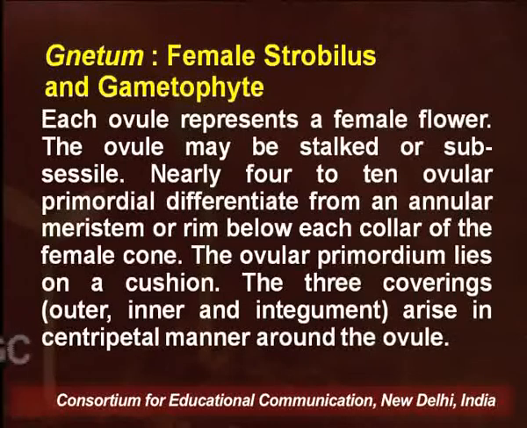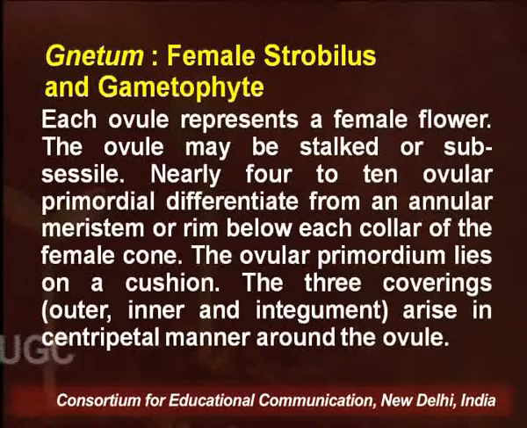The ovule may be stalked or subsessile. Nearly 4 to 10 ovular primordial cells differentiate from an annular meristem, or the rim below each collar of the female cone. The ovular primordium lies on a cushion.